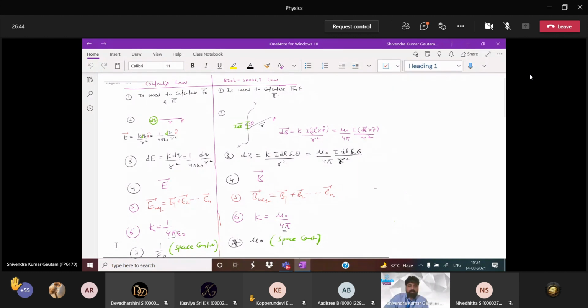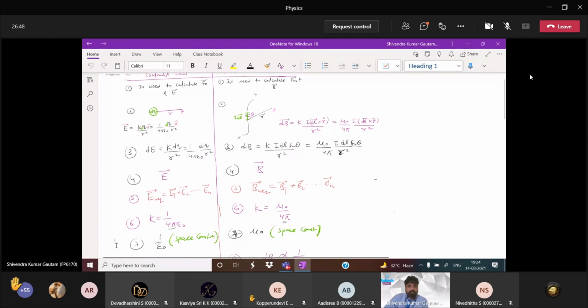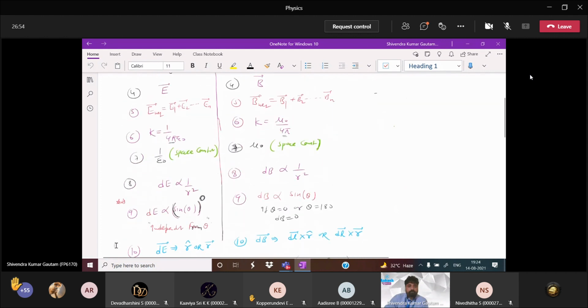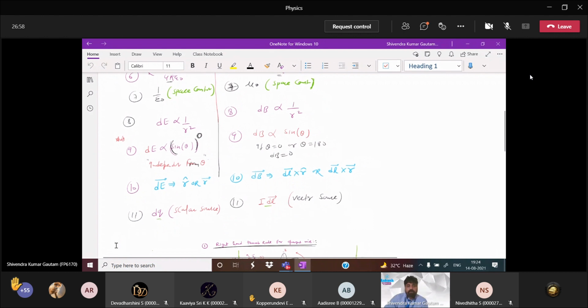Up to 11 analogies we have discussed between Coulomb's law and the Biot-Savart law. Completed everybody up to this analogy part?